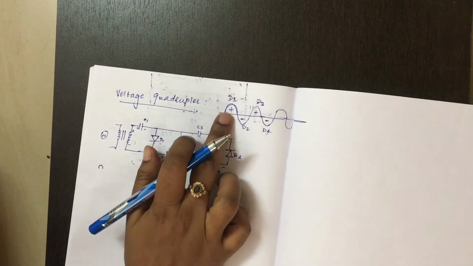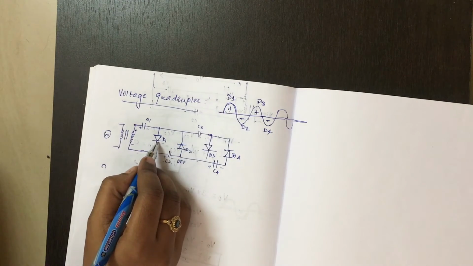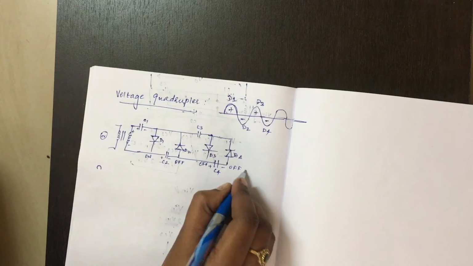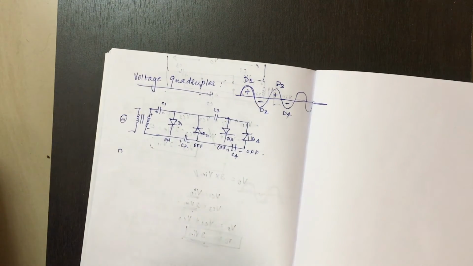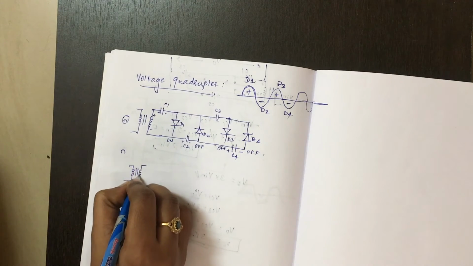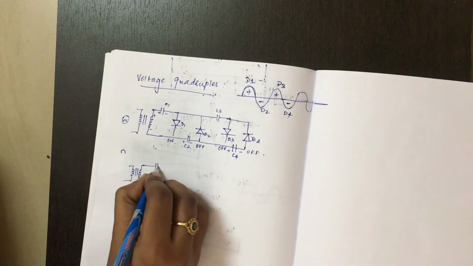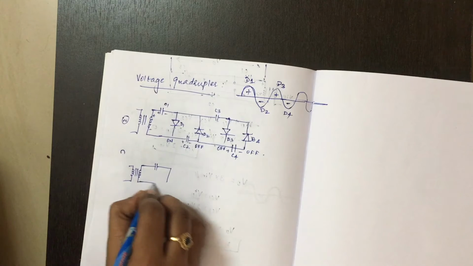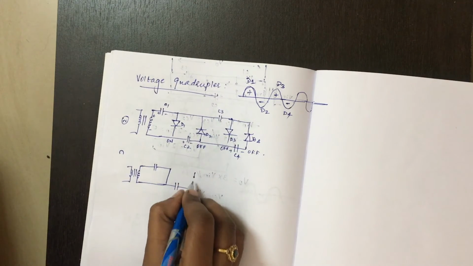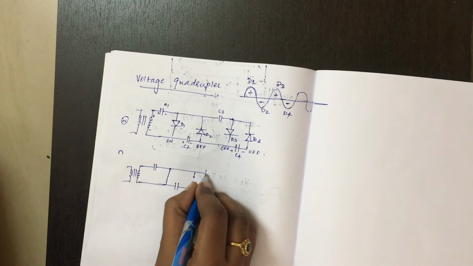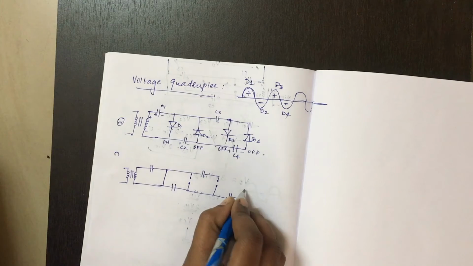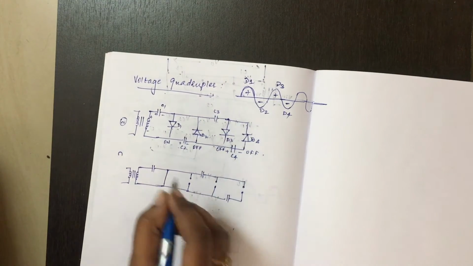So here for the first positive off cycle, diode D1 will turn on and all others will go into off state. So you can redraw this as capacitor, only this alone will be closed. This will be like an open switch, and open switch.